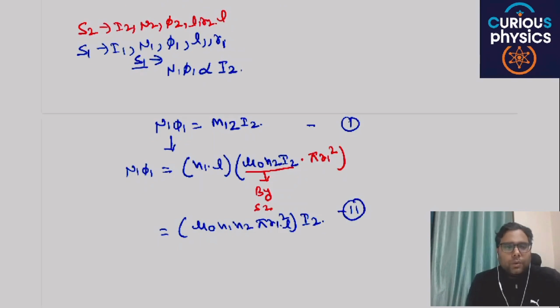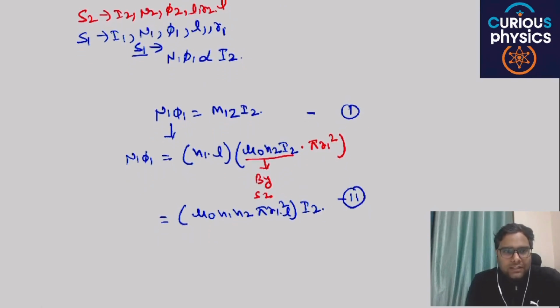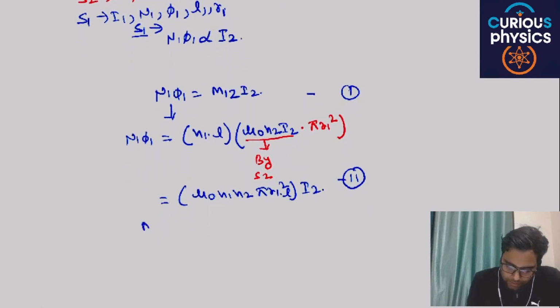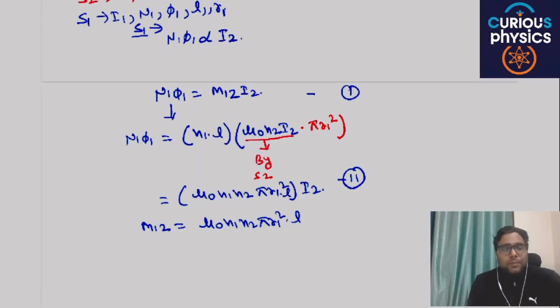If you compare equations 1 and 2, M12 can be written as mu naught n1 n2 pi R1 square L. This is known as the mutual inductance of coil 1 with respect to 2. Are you able to understand my point or not?